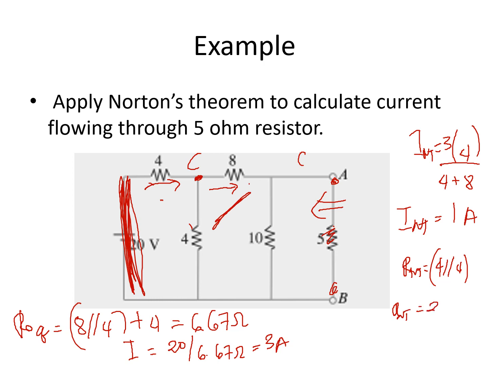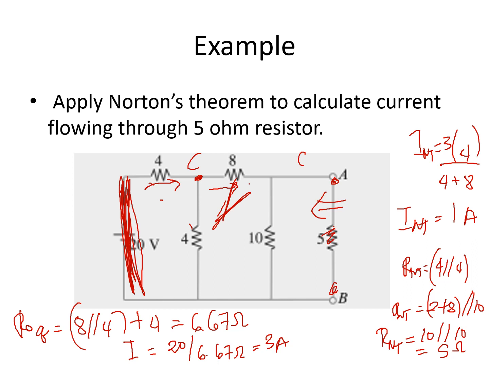The 2 is in series with your 8, so 2 plus 8, and they are in parallel with 10. Therefore our R_N there is equivalent to 10 parallel 10, or simply 5 ohms.